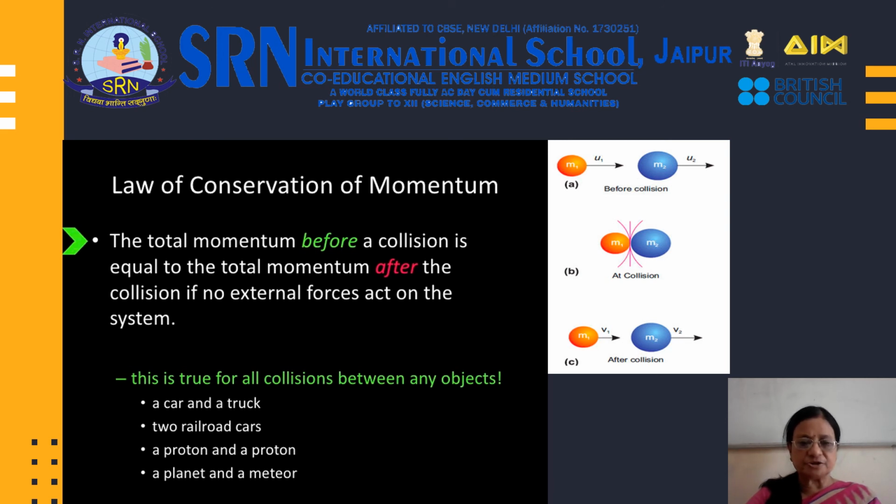So the total momentum before and after the collision is equal. Therefore, we say that the momentum is conserved. And this is true for all collisions between any objects, like a car and a truck when they collide, or two railroad cars, or a proton and a planet and a meteor.